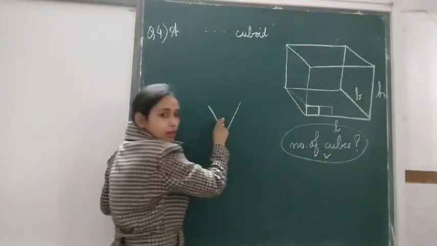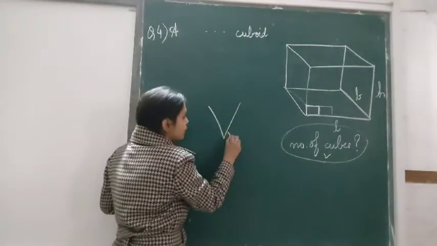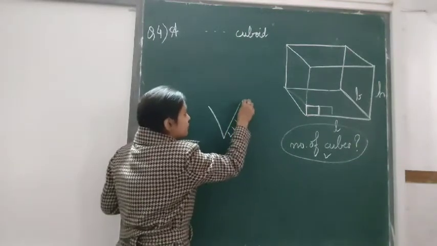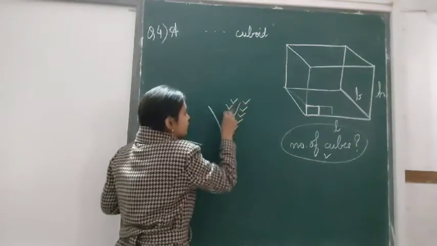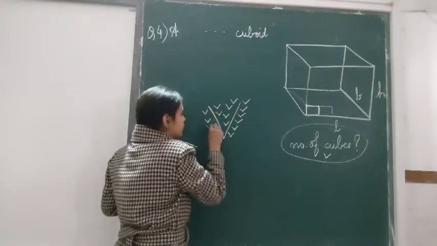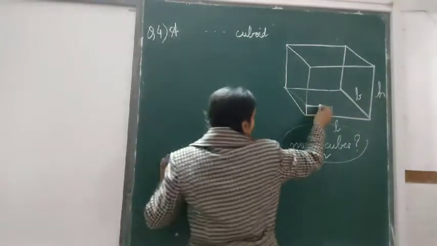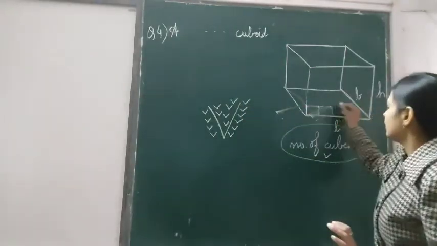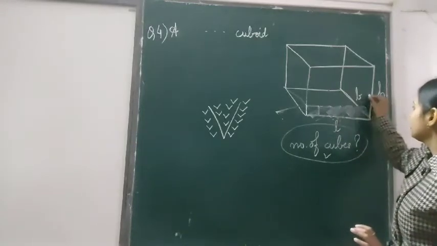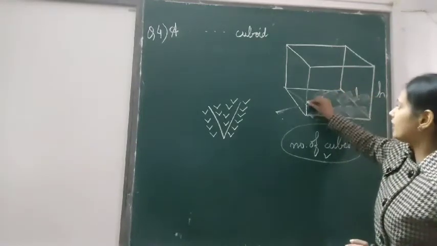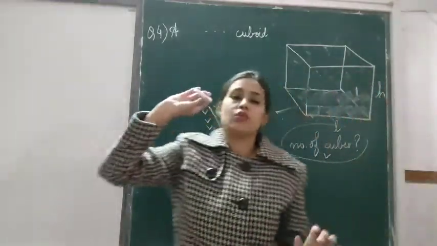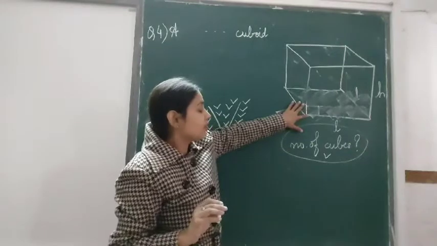So from this bigger volume, we start removing the small volumes, like this. These are the small volumes, children. We remove the first one, second one, then we remove the third one, fourth one, fifth one, sixth one, seventh one, eighth one, and that's how we'll come to know how many cubes will fit in this cuboid.